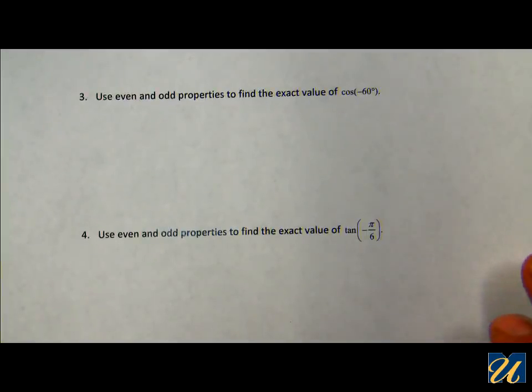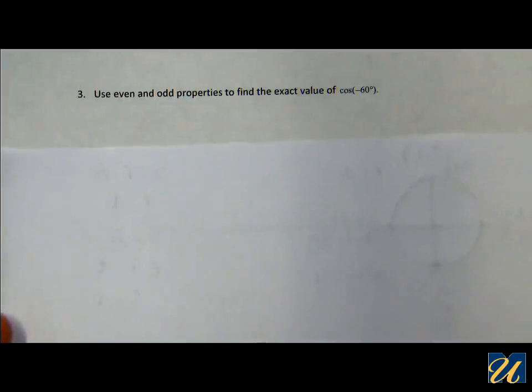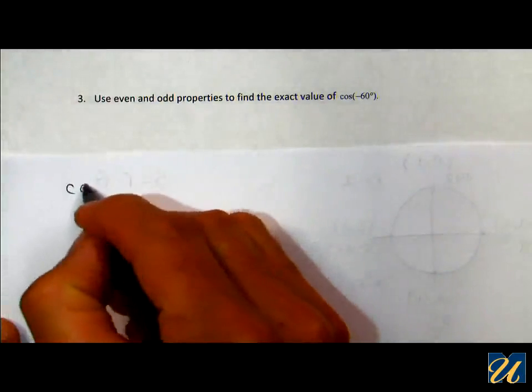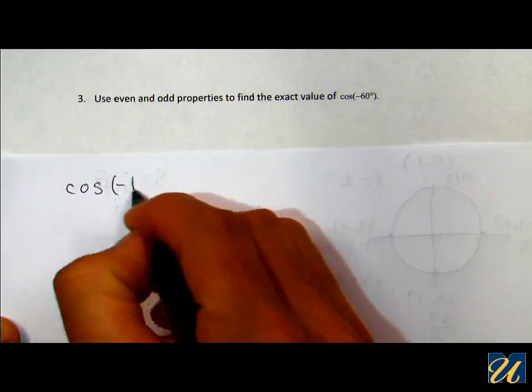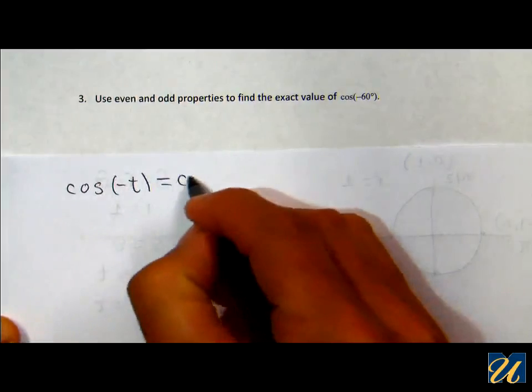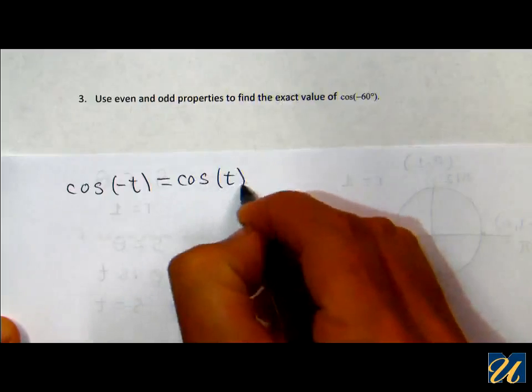Use even and odd properties to find the value of cosine negative 60 degrees. Okay, since cosine is an even function, we know cosine of negative t is equal to cosine of t.